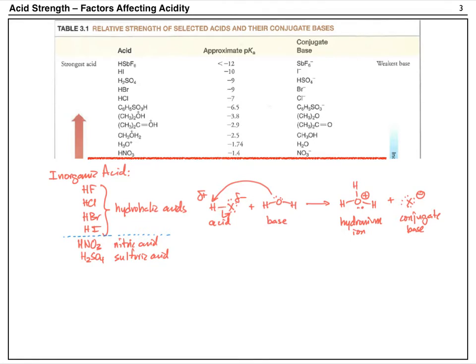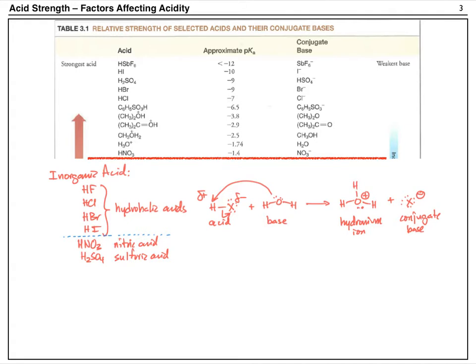So we have our acid, our conjugate base, our conjugate acid. The conjugate base, this halide ion with the formal negative charge, halogens like having a negative charge, so now they're in their noble gas configuration. So it's able to stabilize that negative charge. So we can rationalize their acidity based on electronegativity.